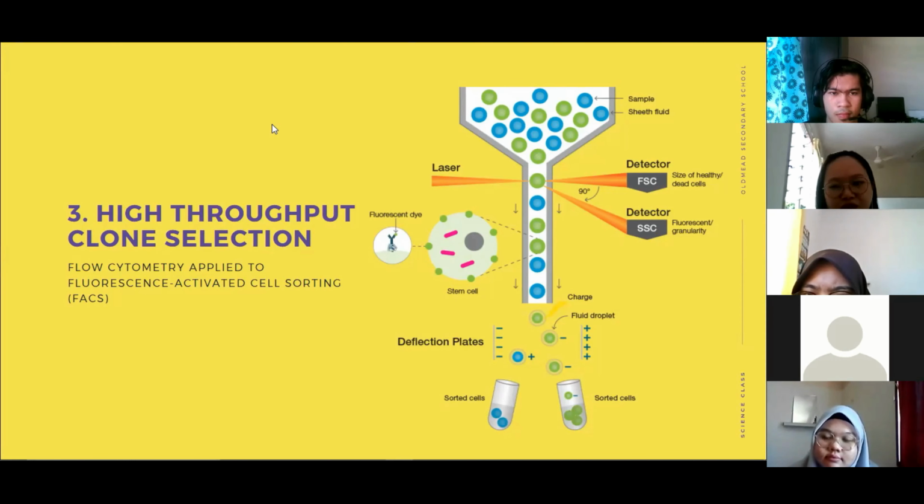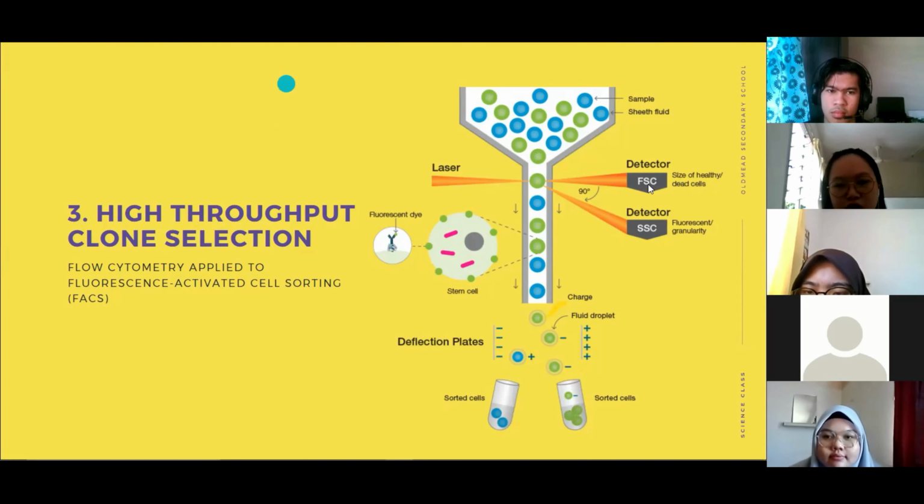So for example, FACS is widely used in the analysis of whole human blood, as well as to sort and analyze the cell line for various biological assays. So in our case, we want to select the cell line that are able to produce monoclonal antibody.